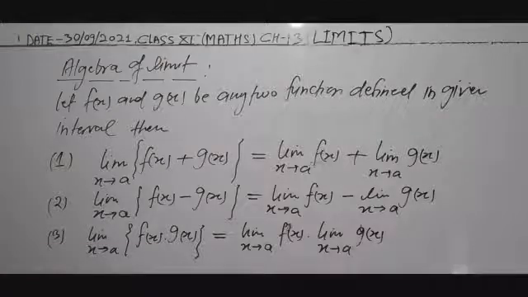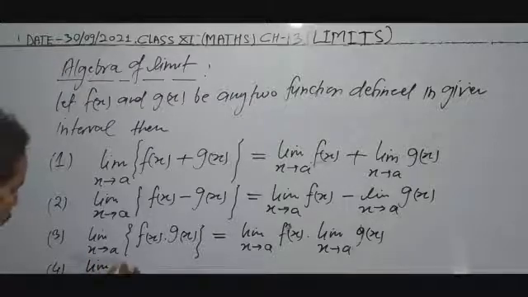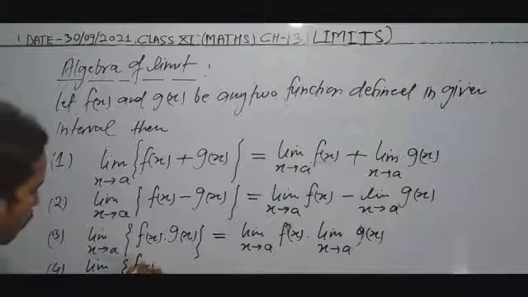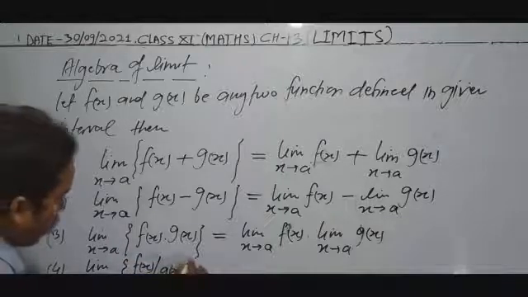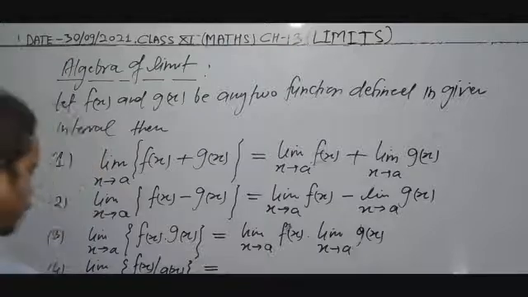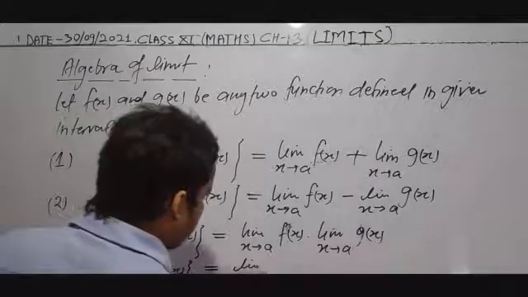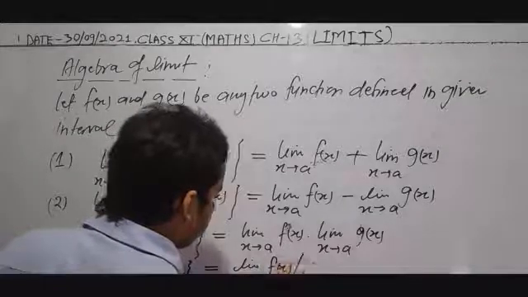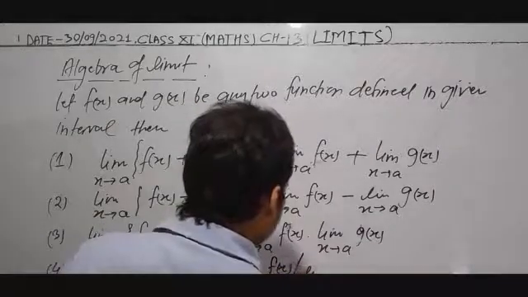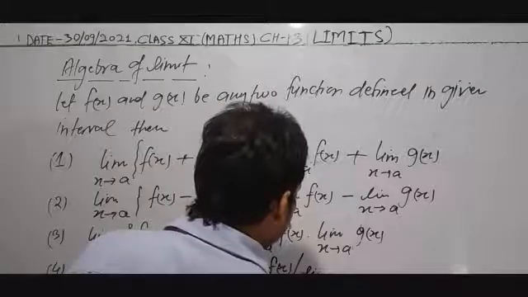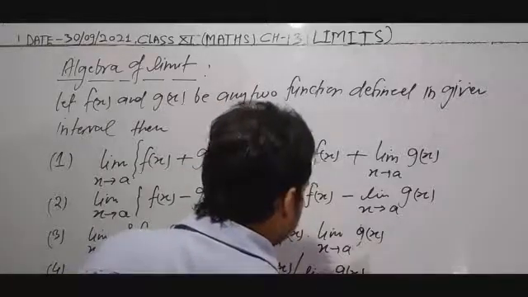Now formula number 4 is limit x tends to a of f(x) upon g(x) is equal to limit x tends to a of f(x) whole upon limit x tends to a of g(x).